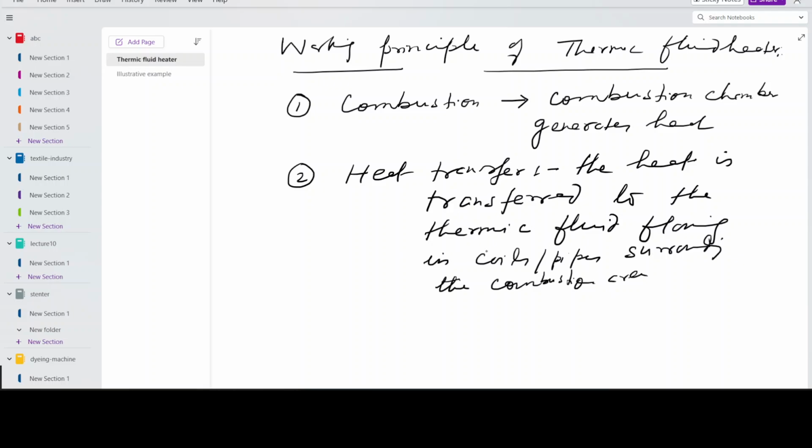Here, cold thermic fluid will enter and it will get heated in combustion area. And third is circulation.